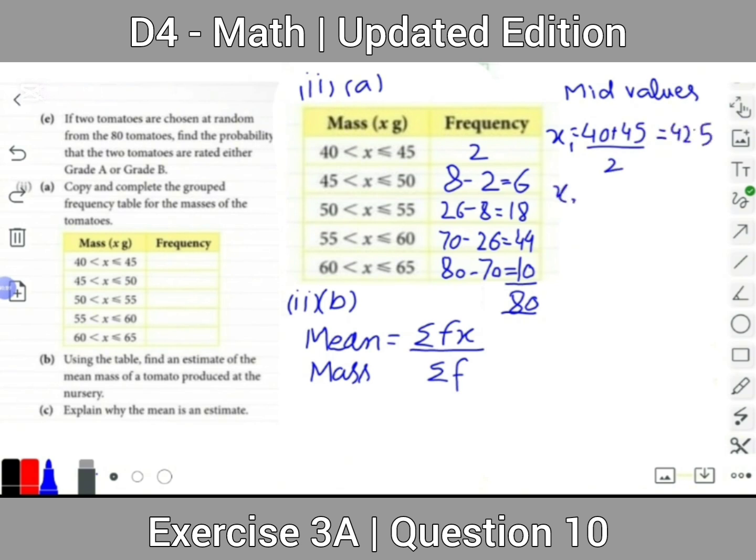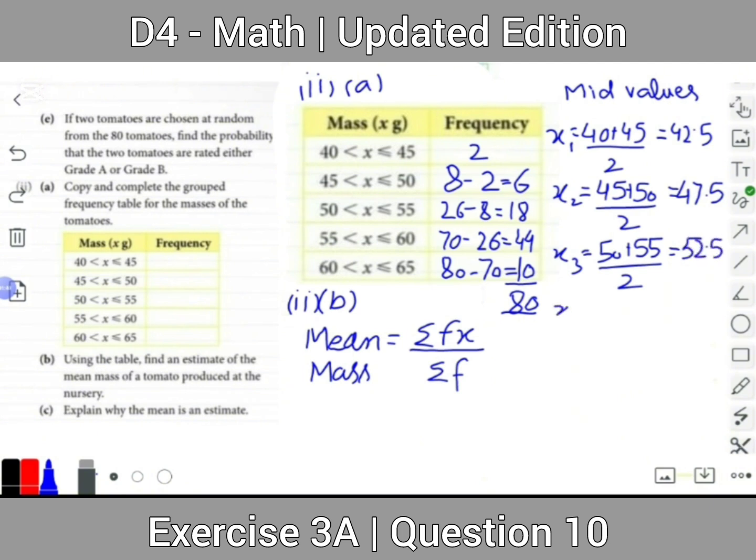Now for the second class interval, the mid value is 45 plus 50 divided by 2, and it will be equal to 47.5. For the third mid value, we have 50 plus 55 divided by 2, which is equal to 52.5.